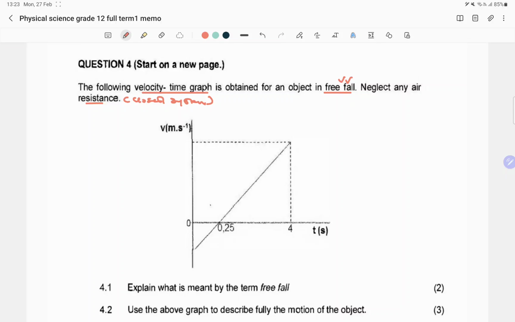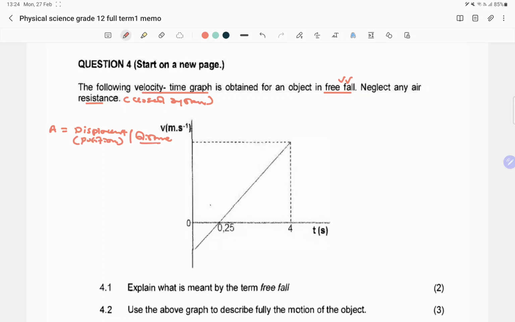Anyway, now what is most important guys, the area under the velocity versus time graph always gives displacement, or you guys call it position nowadays, okay? Or you can say, if this is a speed time graph, you can say distance.